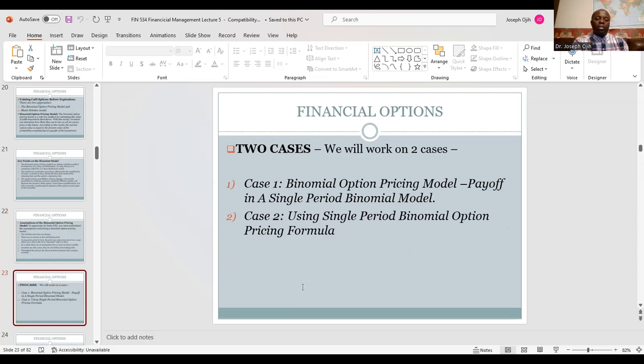Now, having explained all this, we can now do two examples. I'm going to explain and do examples on two cases. Case one is the binomial option pricing model payoff in a single period binomial model. Then case two will be how to use the single period binomial option pricing formula.